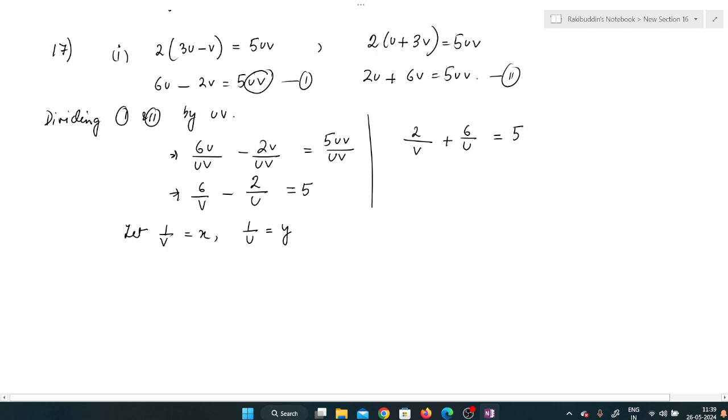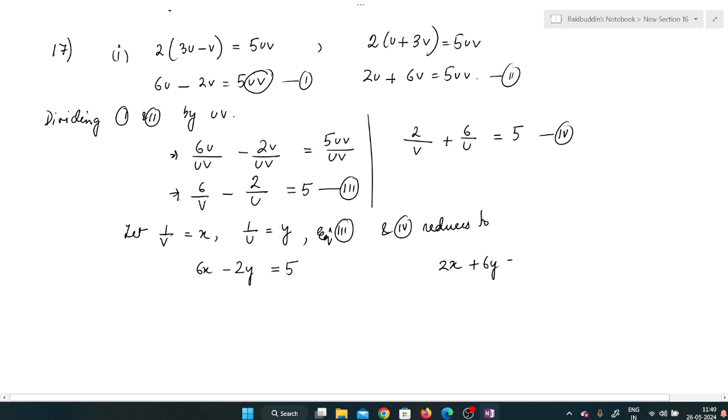Okay, so what happens, make it as 3, write it as 4, equation 3 and 4 reduces to 6x minus 2y is equals to 5, and the other equation becomes 2x plus 6y is equals to 5. So this is 5 and this is 6.